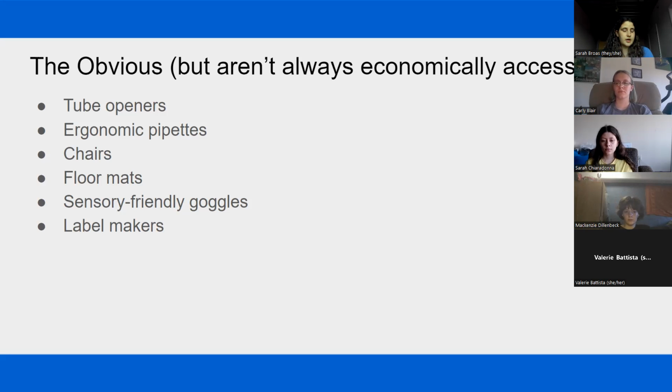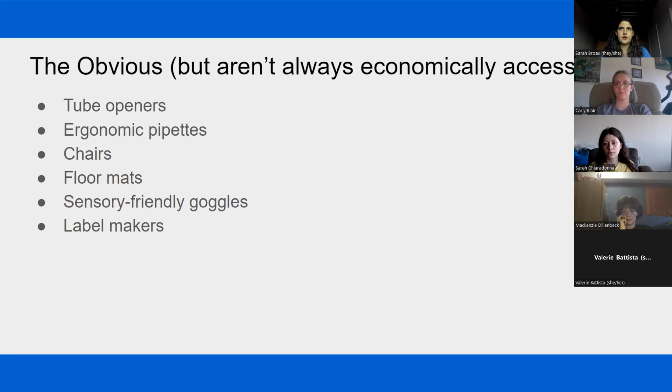Sensory-friendly goggles. I think that every single time I went into a chem lab, everyone groaned about having to put on goggles, and yeah, it can be not very fun because they fog up, or for folks with glasses, it can be a little bit difficult to get them to fit over. But I think the main thing was sensory wise, it didn't feel great on your face.